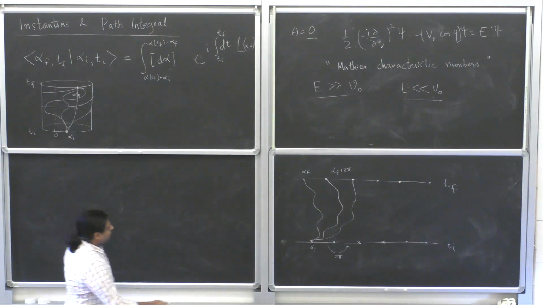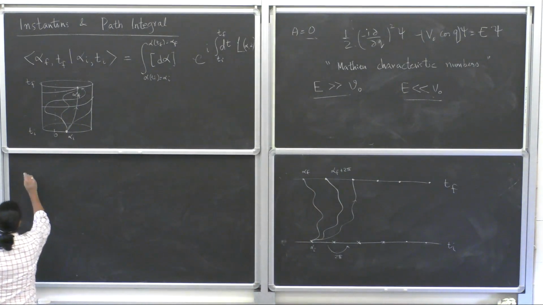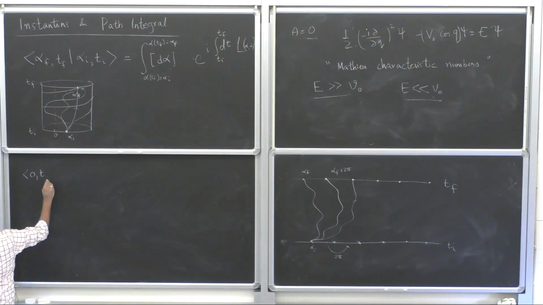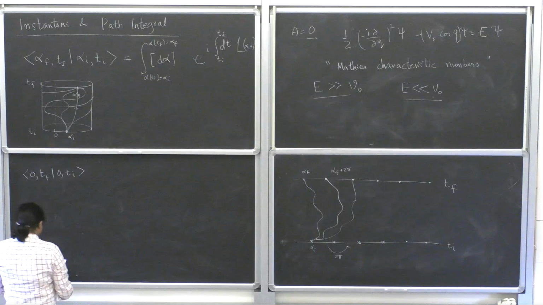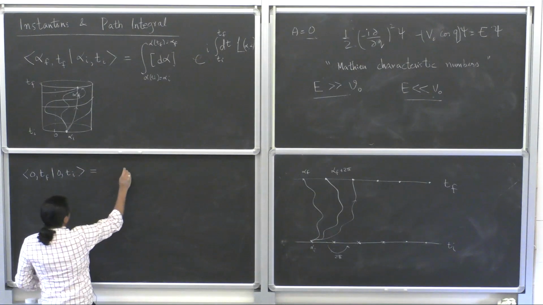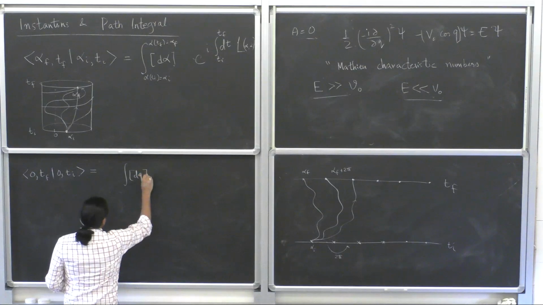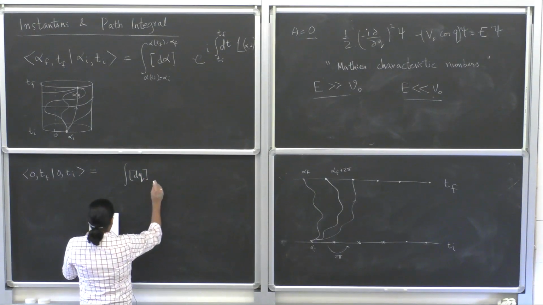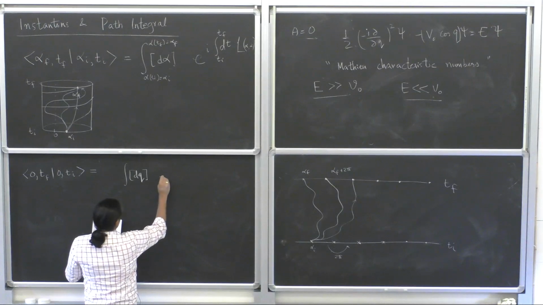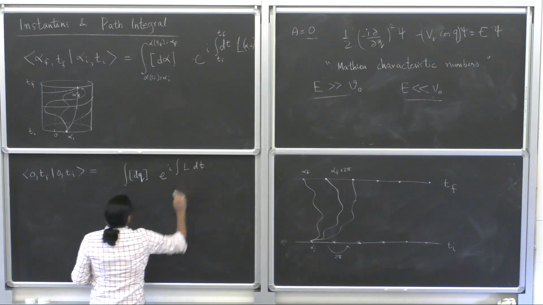Let's pick certain values just for simplicity. Let's pick 0 and 0 for the alpha. So we're asking for this matrix element. And what we find is that we can write it as an integral over q, e to the i L dt.